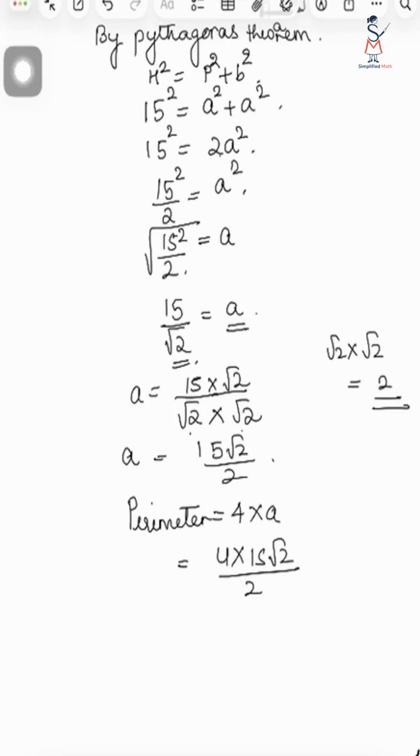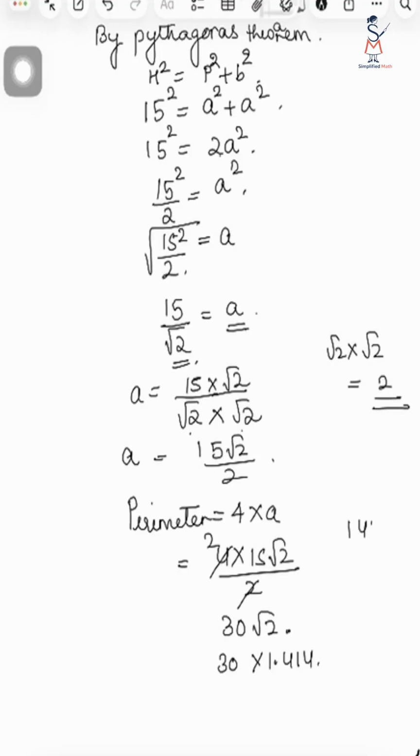Fine. So this will become 2, 15 2s are 30, 30 root 2. Fine. Now what is 30 root 2? Root 2 is 1.414, right? So 30 into 1.414. You will multiply this and you will get the answer somewhat near.